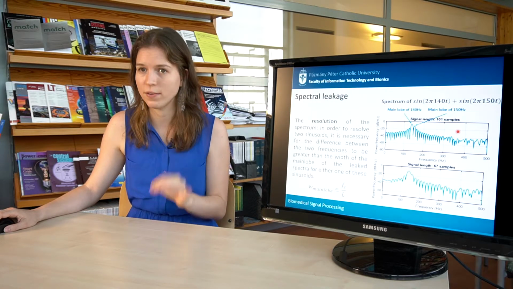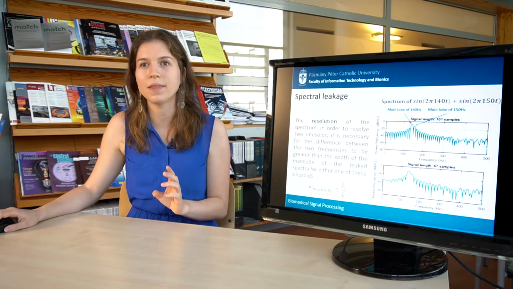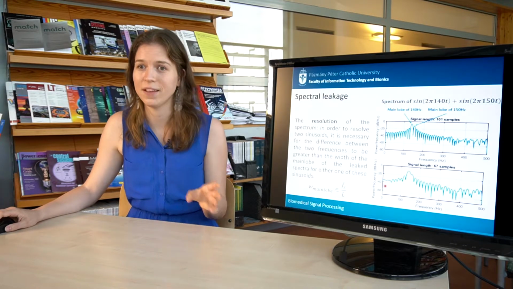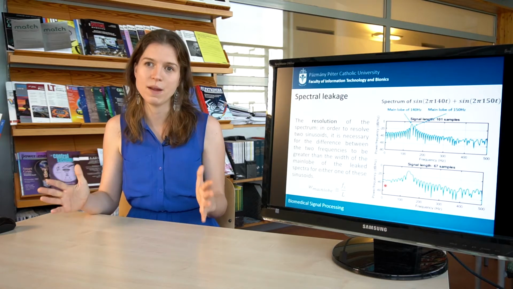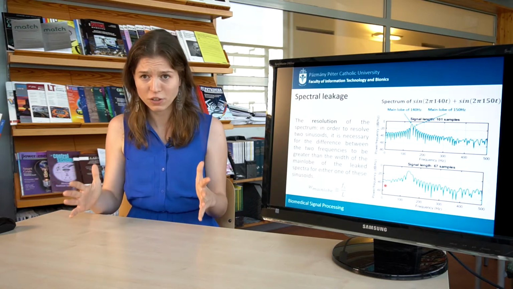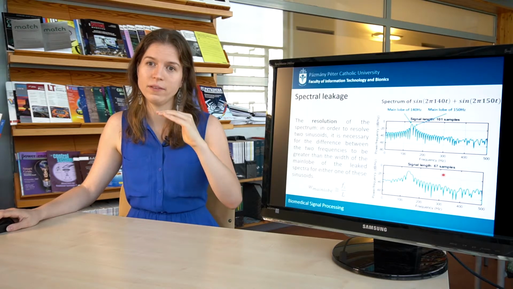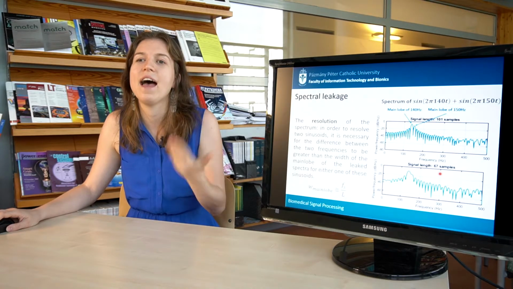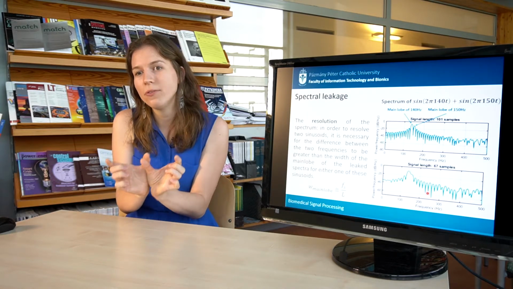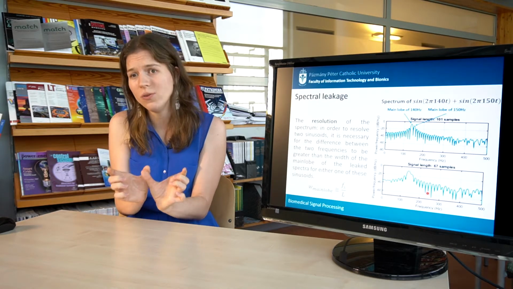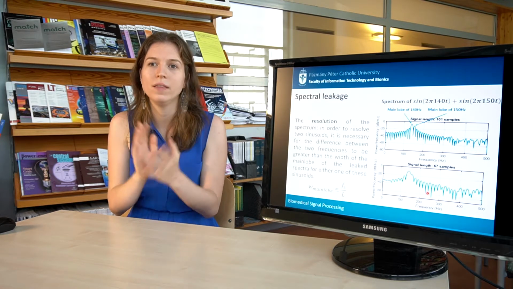It means that the resolution, the width of the main lobe, will be 10 hertz. So something at 140 and something at 150 hertz will be just separable from each other. While here, if you divide 1,000 by 67, you will have greater than 10 hertz. So the main lobe will be too thick, the resolution will be too low, and they will merge together. So this is spectral leakage.